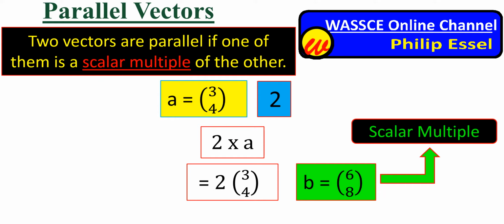If this scalar were to be a negative number, let's say negative 2, what it means is that the two vectors involved are moving in opposite directions, although they are parallel. Now let's look at an example to illustrate what I have just said.